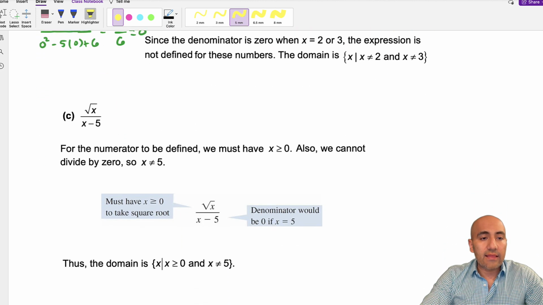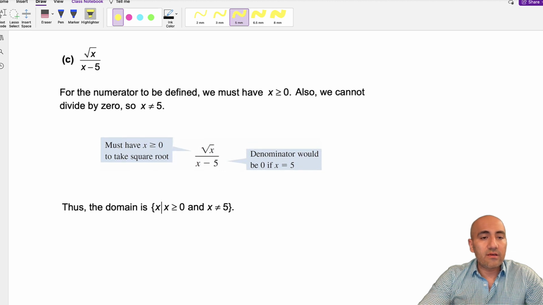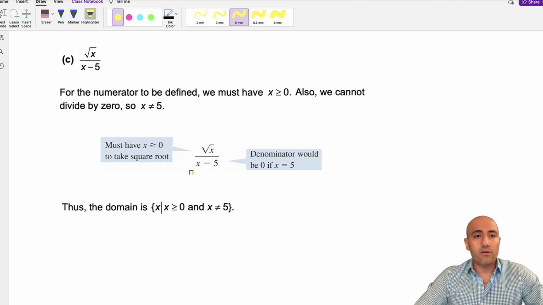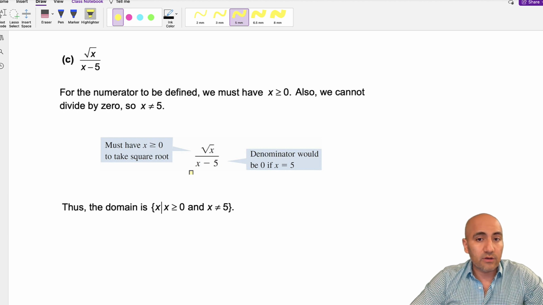Okay. Looking at the third case, now we have kind of a mixture of things. We have a root and we have a fraction, so we have to take both things under consideration. From the root part of it, we know that we cannot take the square root of a negative number, so x is not allowed to be negative. So from just looking at the root part, x should be greater than or equal to 0.